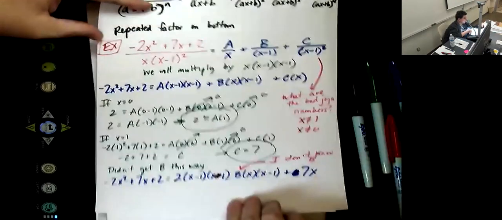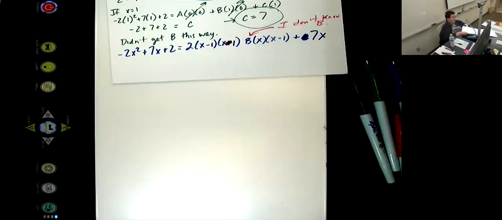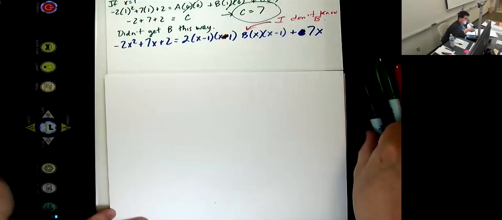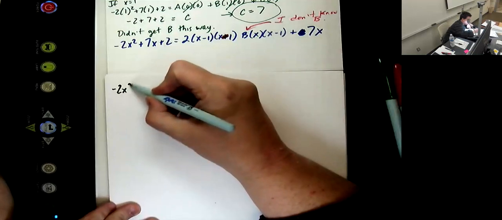Proper way. The proper way is worth doing because you can see how it works. Because we're going to have to do it on another one later on. Multiply it out.